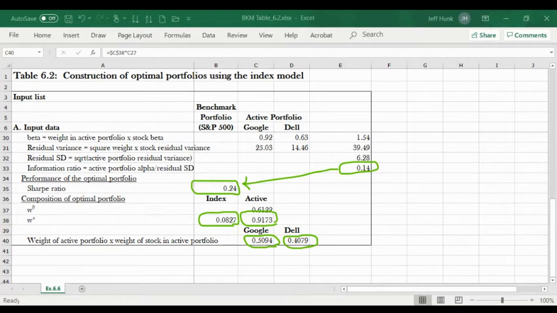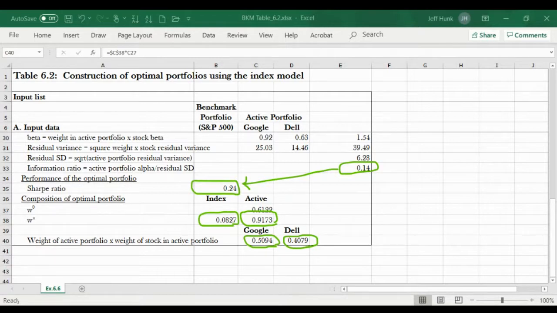In other words, what that means is, by combining both Google and Dell in the active portfolio, the firm-specific risks drop drastically, compared to the individual firm-specific risk of Google and Dell, respectively.